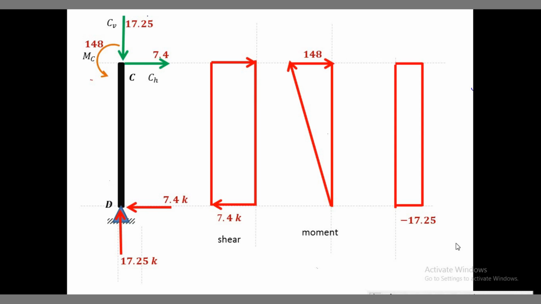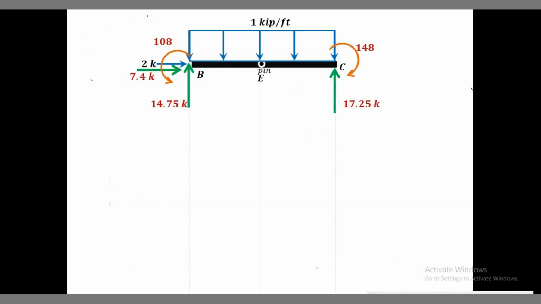The axial diagram is this member CD is under compression. So again, ang analysis nitong CD ay parang the same siya sa may beam.